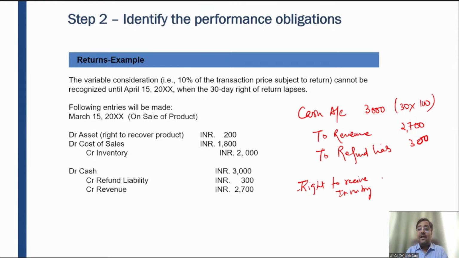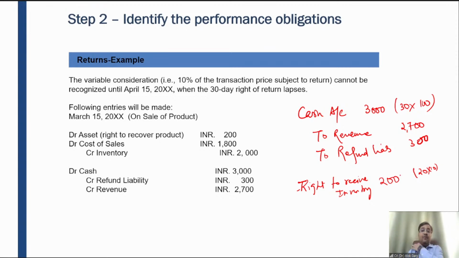So 10% means how much? 10 units. So what is the cost of 10 units? You will always recognize inventory on the basis of cost, not on the basis of selling price, right? So what is the value of the inventory for which you have a right to recover? 20 multiplied by 10, 200 rupees. 200 rupees is the right to recover inventory. It is an asset.